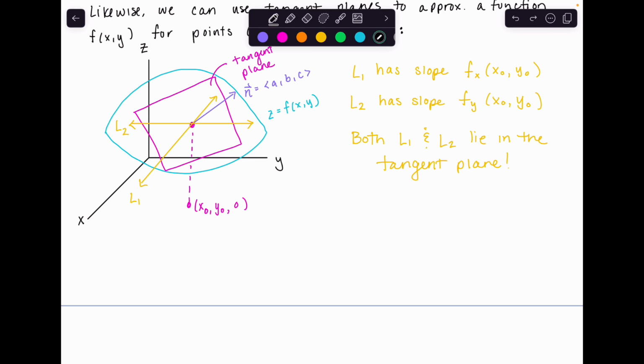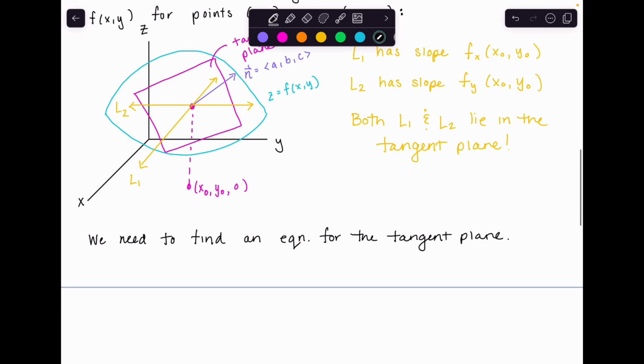So ultimately, we need to find an equation for the tangent plane. We know a point it passes through, and we're trying to figure out what this normal vector is.